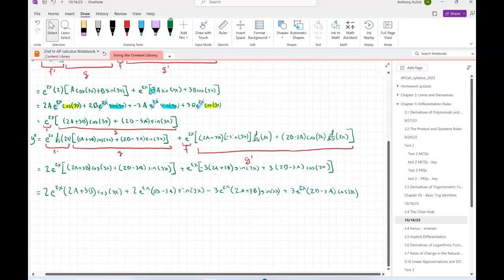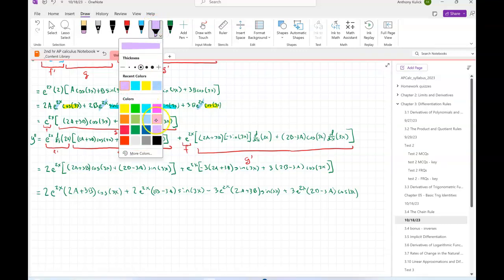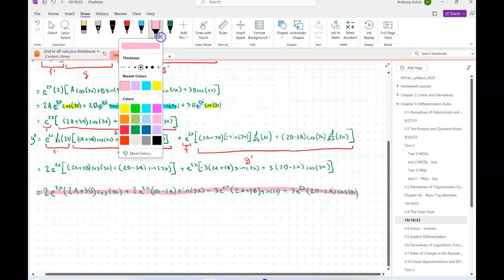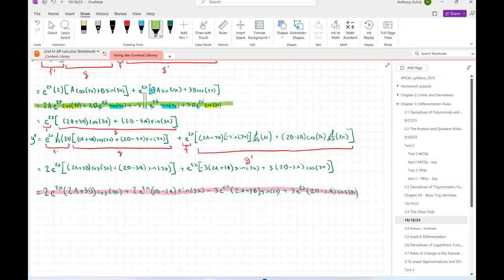All right. So let's take a look here. This is going to be my y double prime. And let's use the green, I guess. And this will be my y single prime, where everything's all multiplied out.